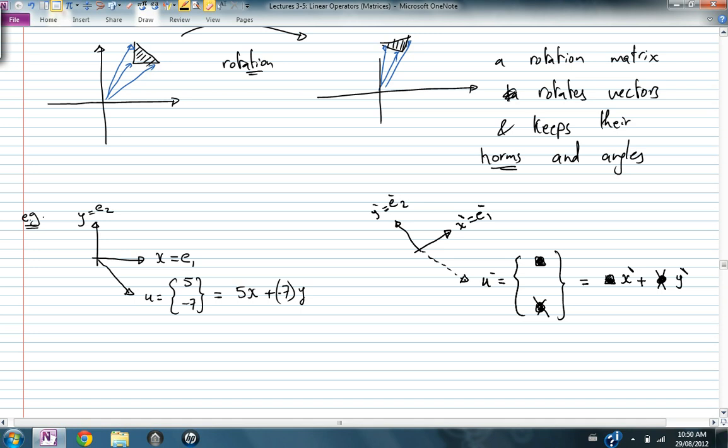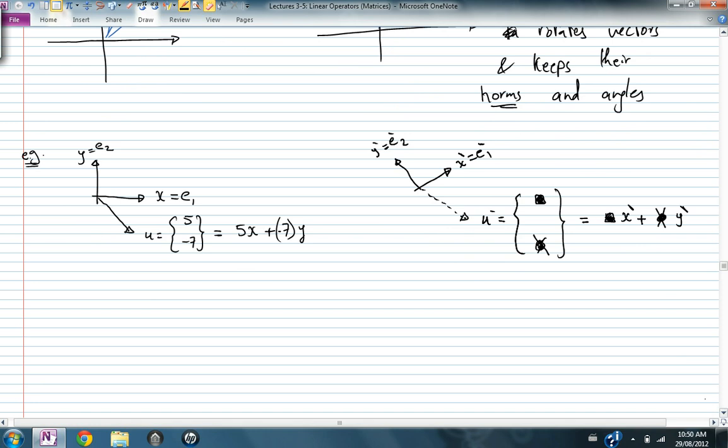And now what I'm looking for is the relationship between those components and the original components. What is the relationship between the components u and u prime?